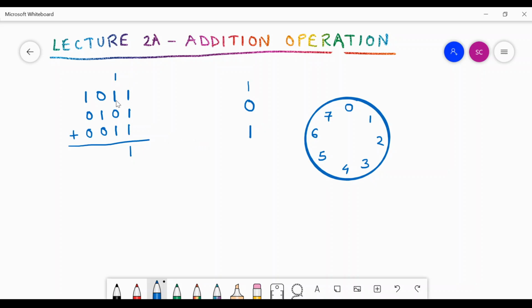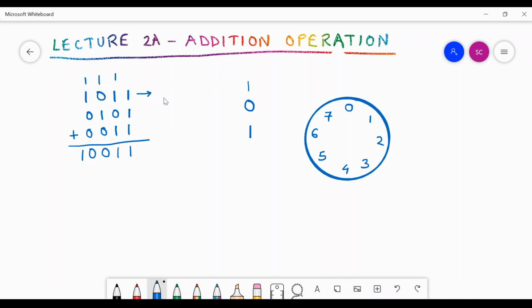So again we are doing the same thing, so there are 3 ones, the same thing will happen, 1, 1. So for this one only 1 is added, so from 1 we are going to 0, so 0 and 1, 0 and 1. So this is how the addition goes, and you can check the decimal equivalent.